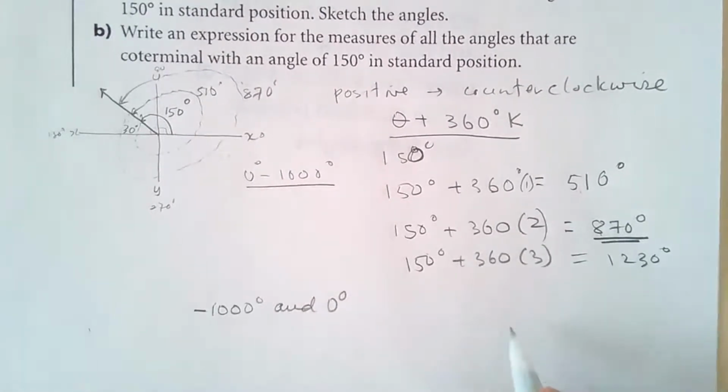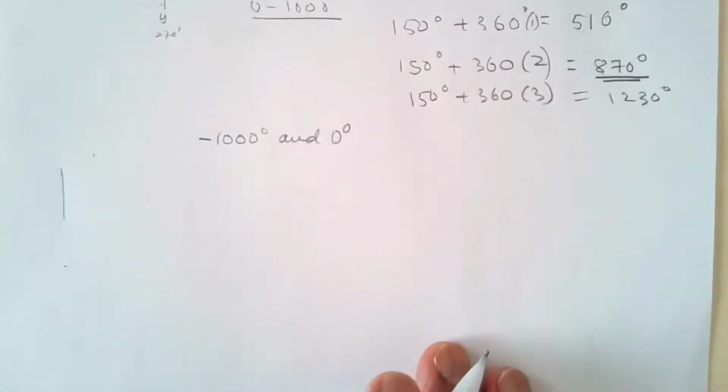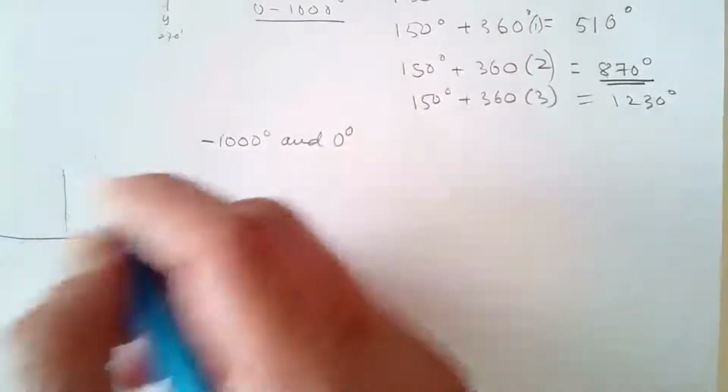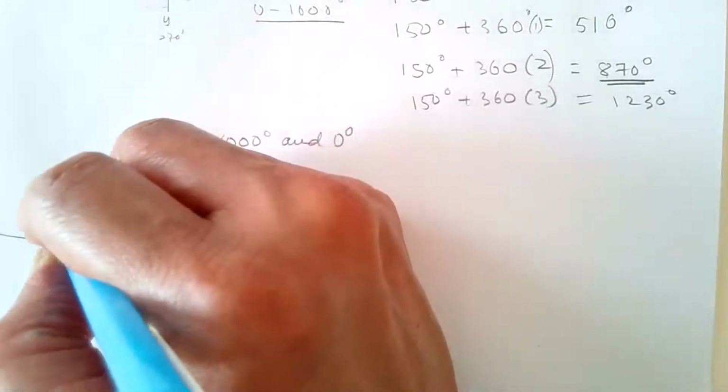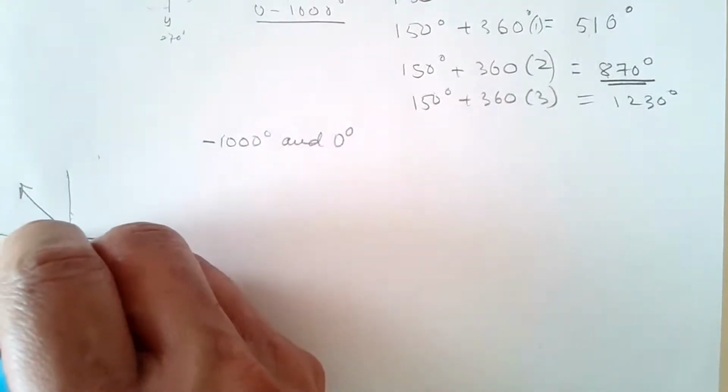Let's do a sketch here now, continuing our sketching. We still have 150 degrees here, and this is 30 degrees here.